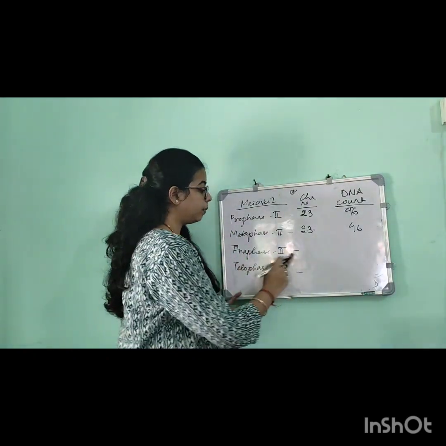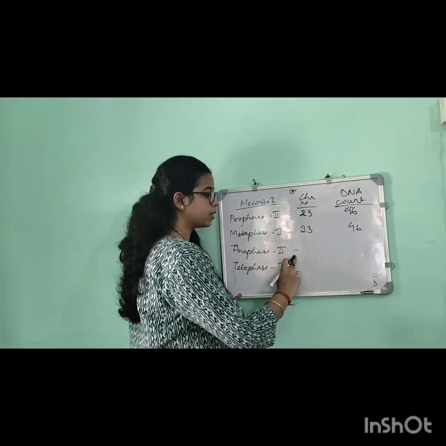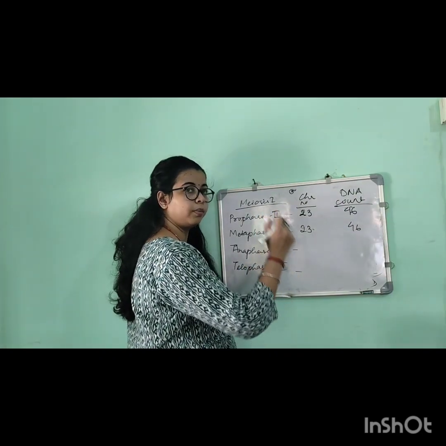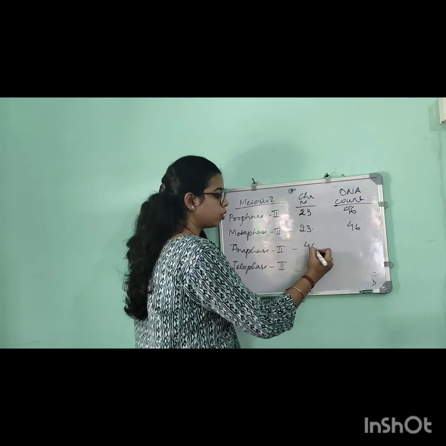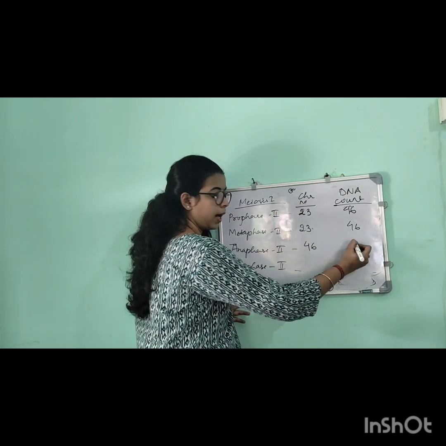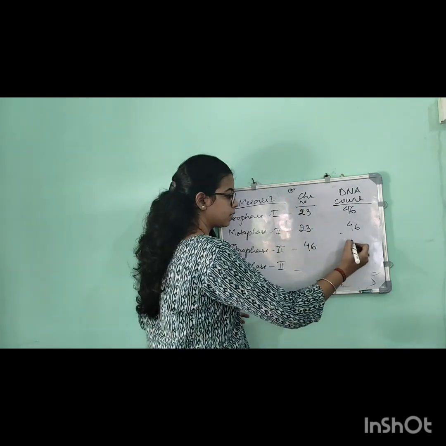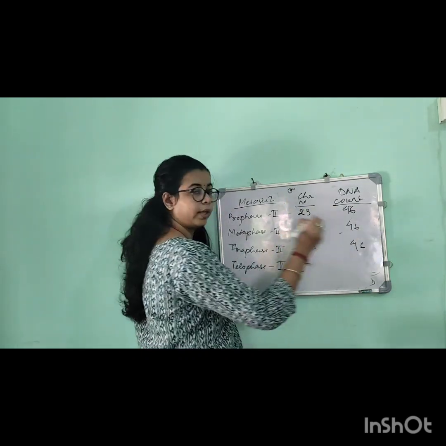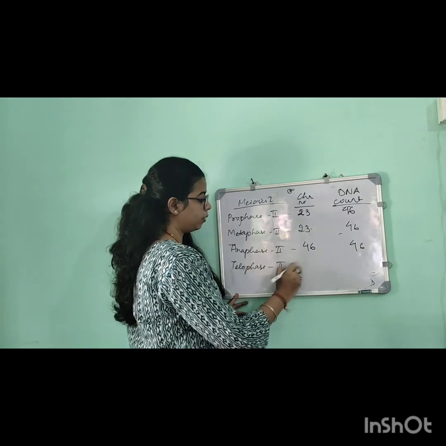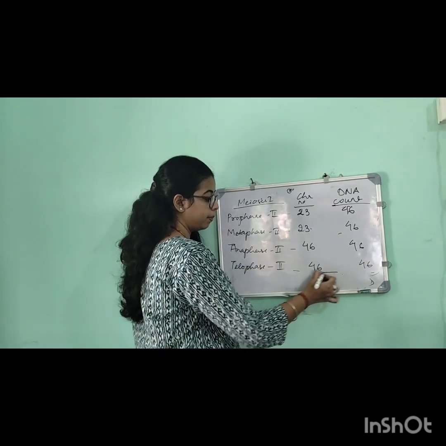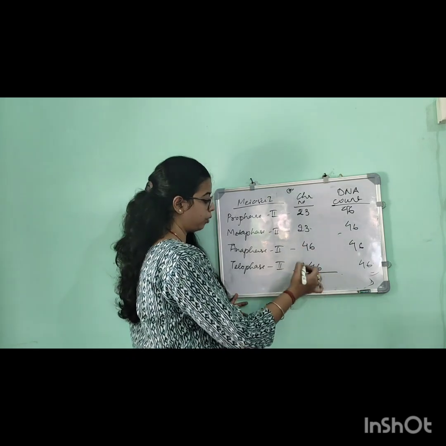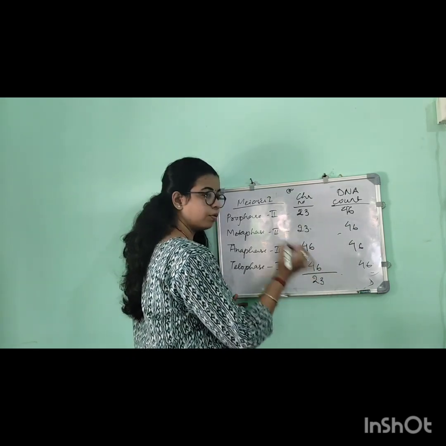Okay, 23. Remember, during anaphase 2, what was happening? The chromatids were separated out, so the chromosome count becomes 46, and the DNA count will remain the same. Then telophase 2 also 46. But by the end of telophase 2, this will divide into 4 daughter cells.